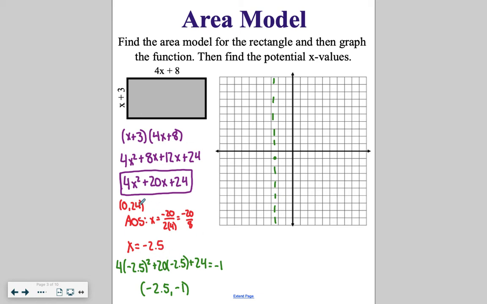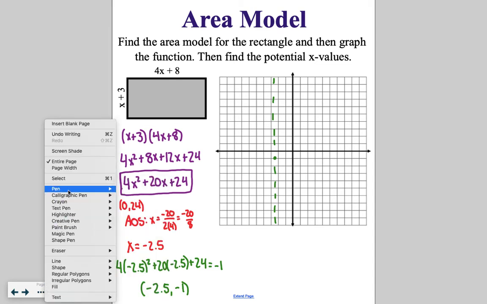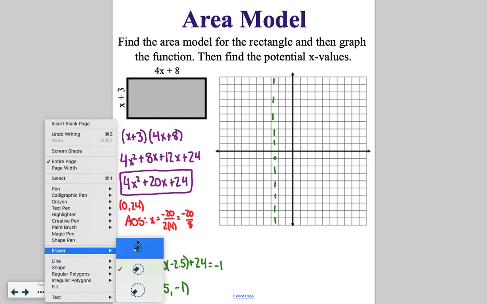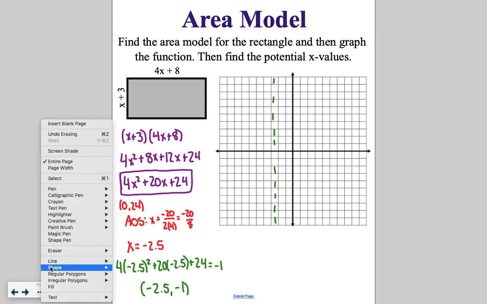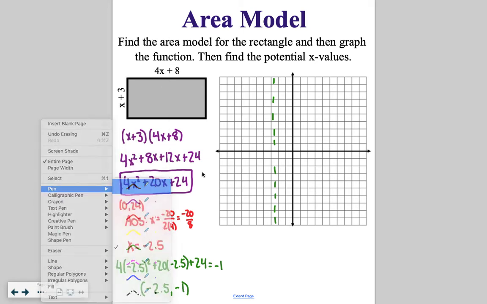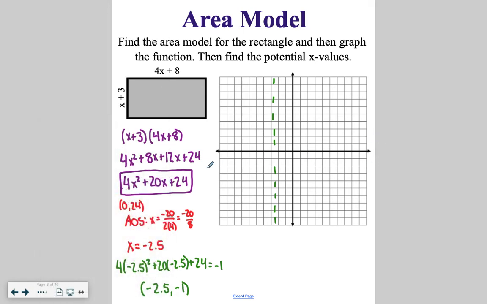Then we're going to graph our y-intercept. Now, notice we need to go up to 24. So what we actually need to do is renumber this graph, which is something we can do easily. So I'm going to have to fix my vertex because I have to count by the same amount for both the positives and the negatives. I need to get up to 24.